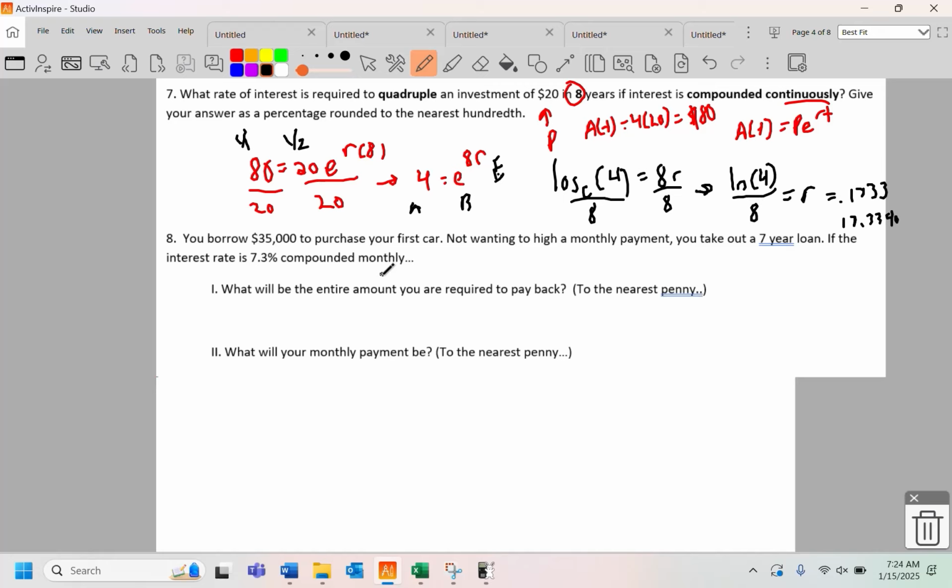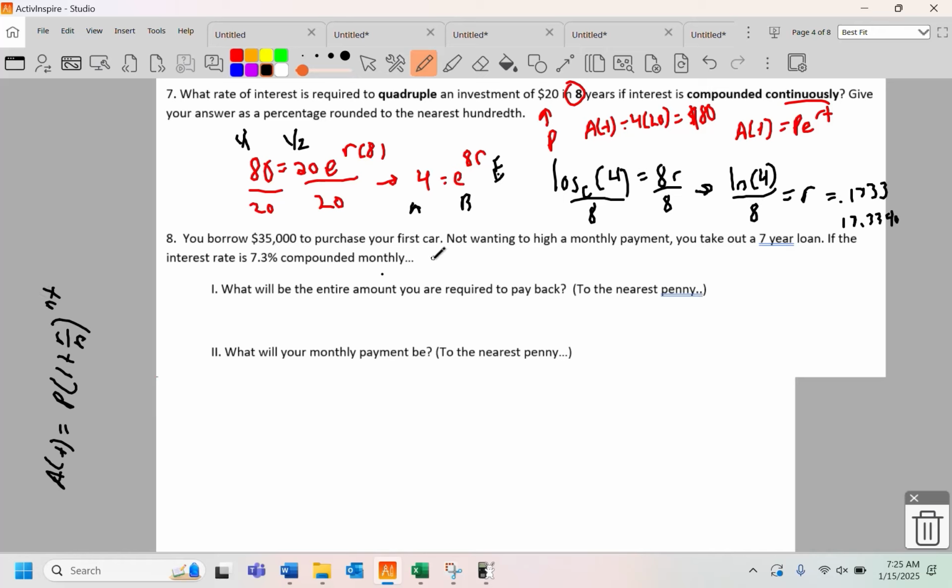You borrow $35,000 to purchase your first car, not wanting too high a monthly payment. You take out a 7-year loan if the interest rate is 7.3% compounded monthly. And again, you're going to use the formula for compound interest. The amount after time is the principal times 1 plus the rate over the number of times interest is compounded per year n, raised to the nt.